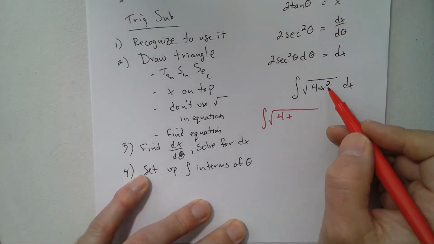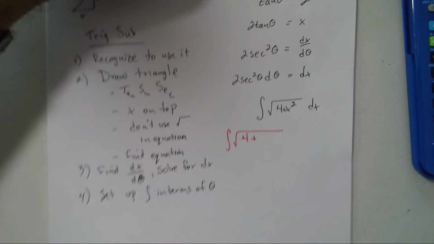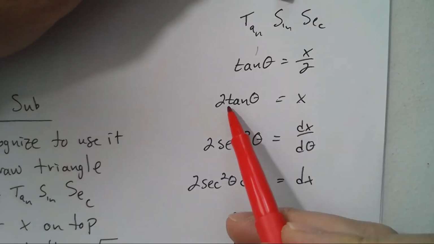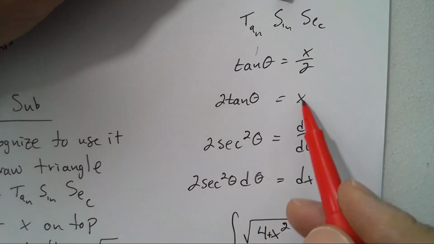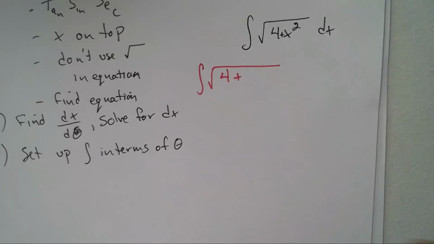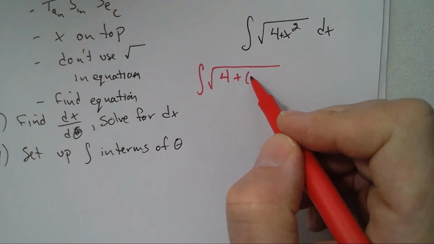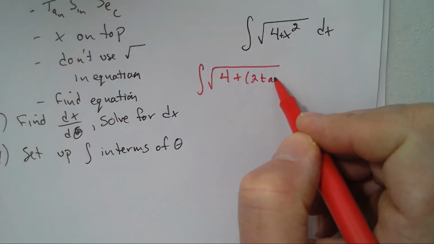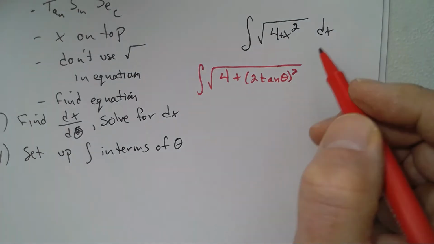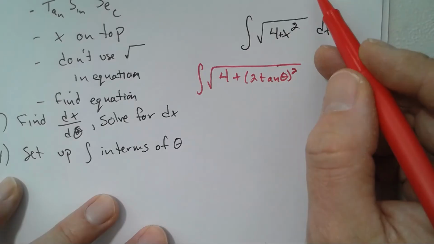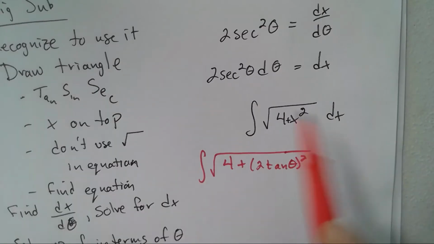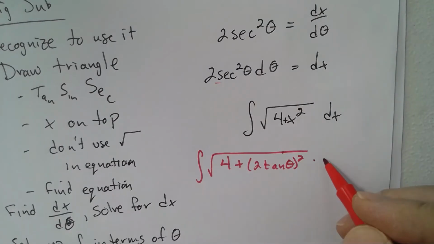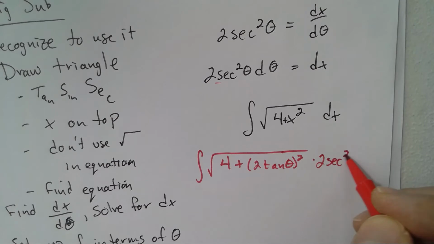Well, we said x is 2 tangent theta, so we're going to plug that in for x. And then dx is all of this stuff. This is our dx, so it's times 2 secant squared theta d theta.